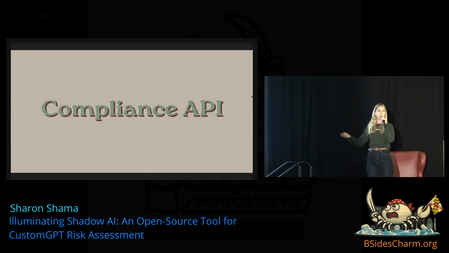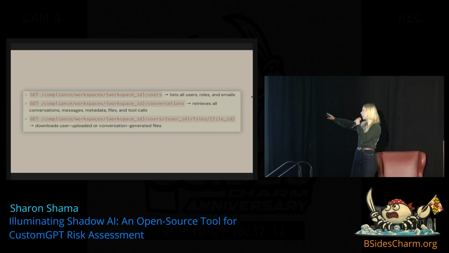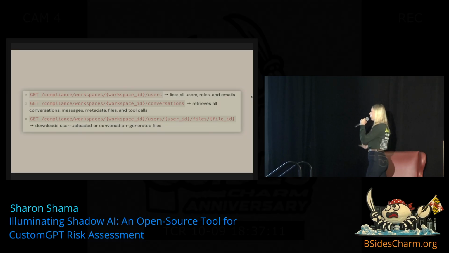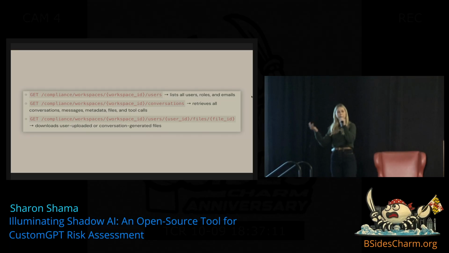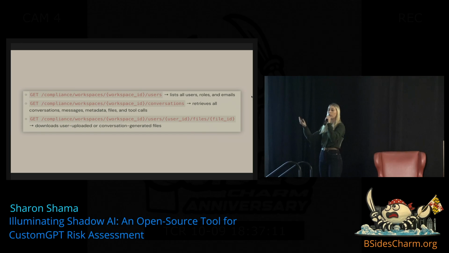I'll share with you a couple of endpoints that, from my perspective, were really interesting from the security perspective and can provide you a lot. The first is the endpoint that helps you pull information about users. You can pull a list of all the users, all their roles, which means permissions and privileges, and their emails. Through this endpoint, you can understand who the users are, who interacted with those custom GPTs, and who the owners of those custom GPTs are.